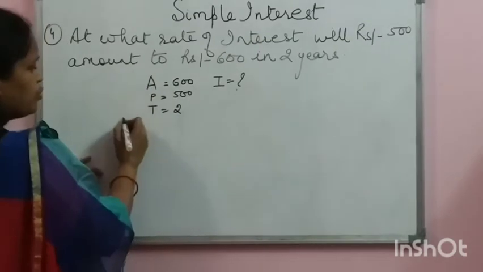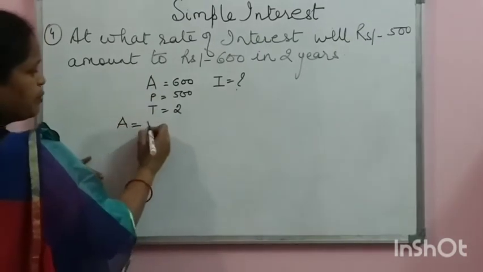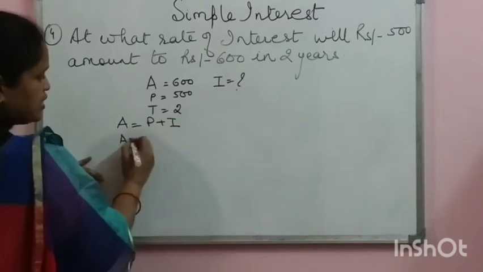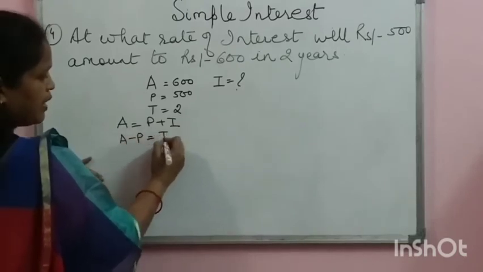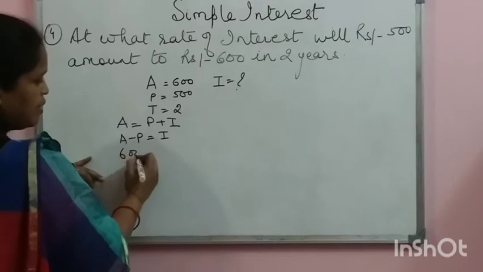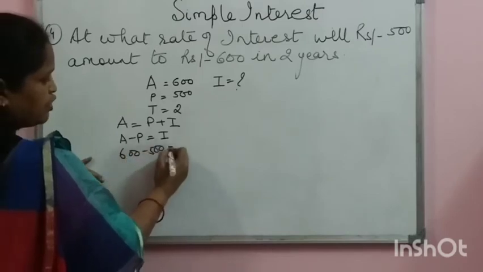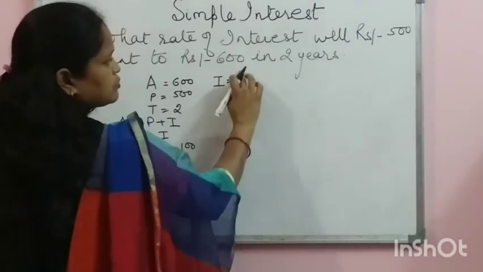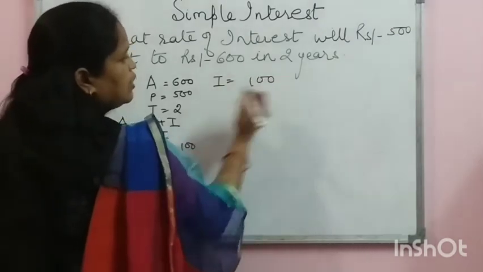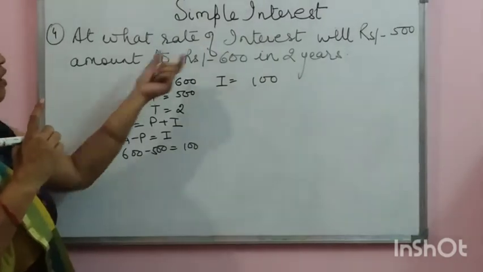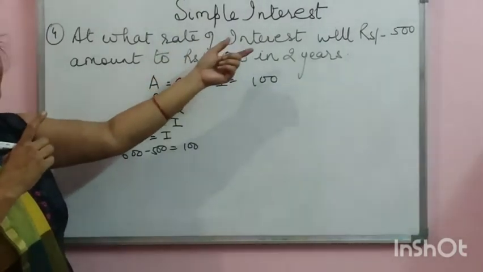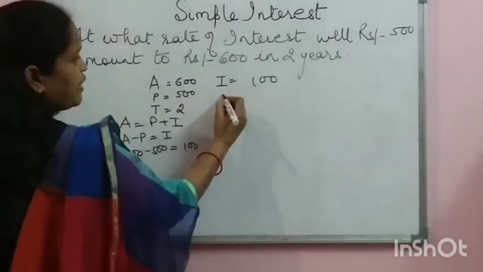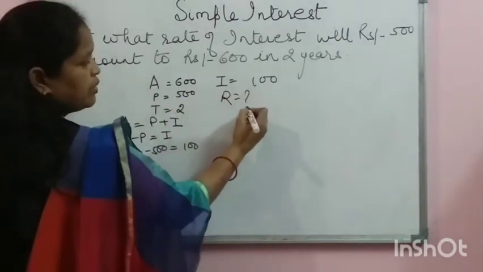As you all know, A is equal to P plus I, or A minus P is equal to I. So 600 minus 500 is equal to 100. So I is 100. Now the question asks you to find out rate of interest. That means you have to find R now. ठीक है?